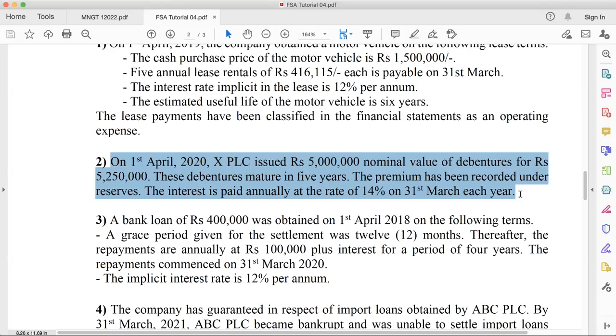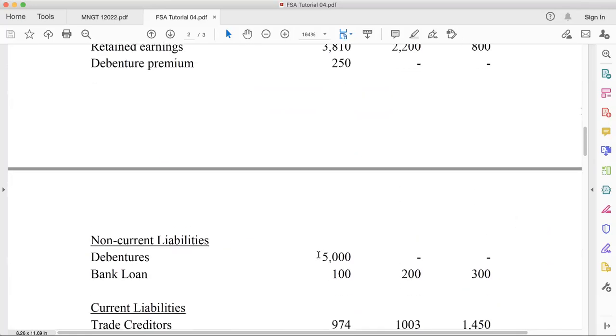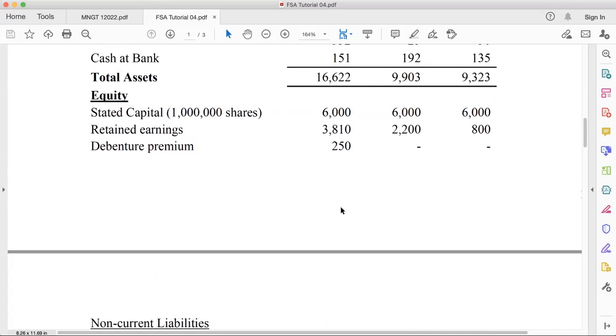Now you see in your financial statements, you have recorded the nominal value under non-current liabilities and the premium 250 you have recorded under equity. So this is wrong.